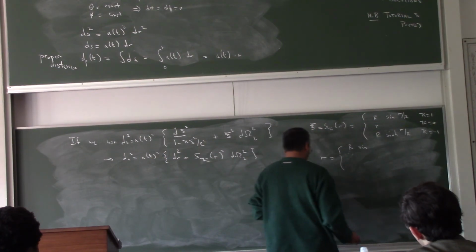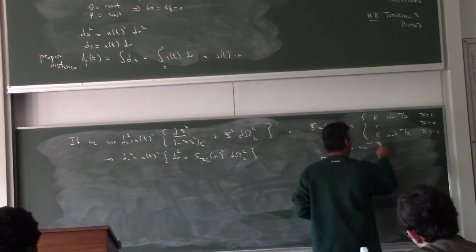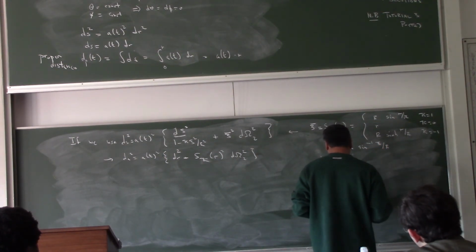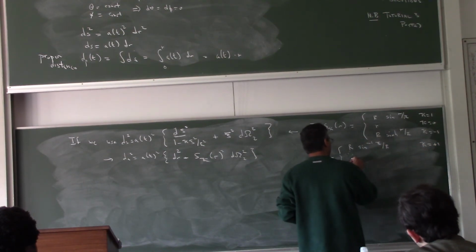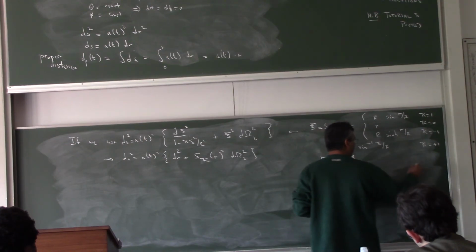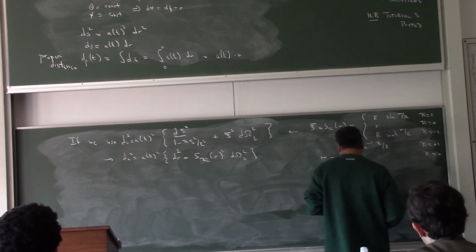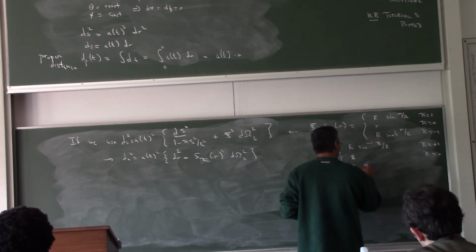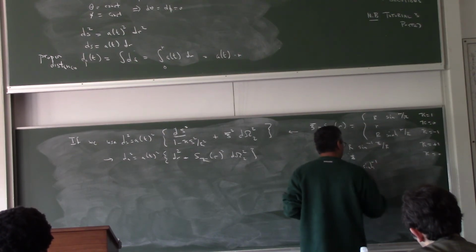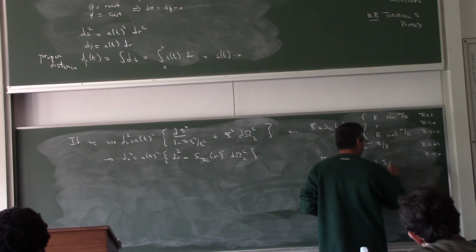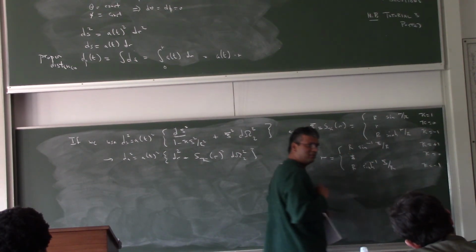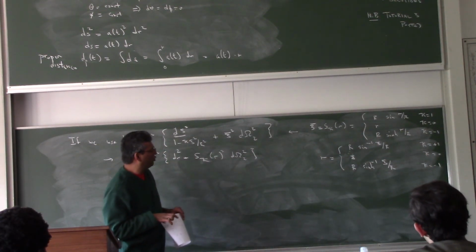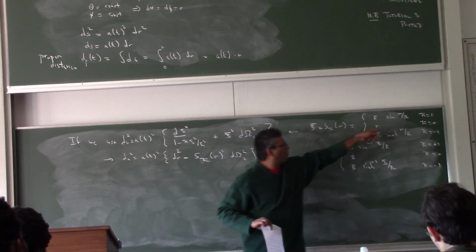So this is R sine inverse chi over R, for kappa equals plus 1. r is equal to chi for kappa equals 0, and r is equal to R sinh inverse chi over R for kappa equals minus 1. Okay? So I just took this expression and solved for r.